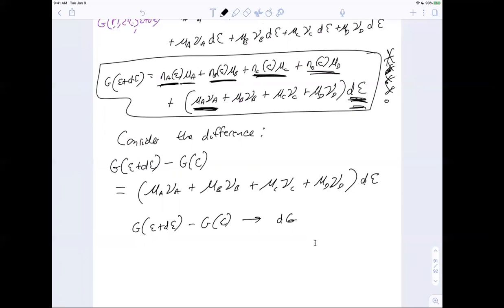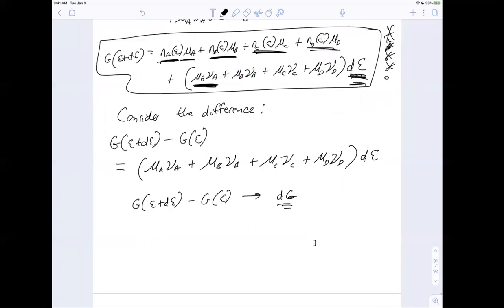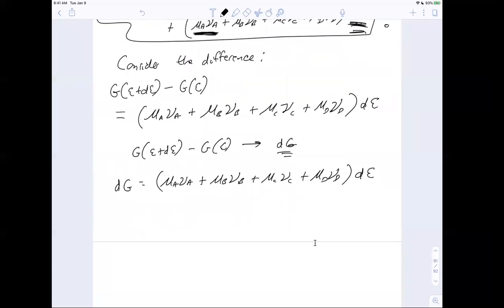So that change in G is really a differential change in G. So we have dG equal to the sum of the stoichiometric coefficient of each species times its chemical potential, mu A, mu B, mu C, mu D, times d epsilon. Okay, now is everyone clear how I got to this expression? The only thing we had to incorporate here was this idea of dG. But that I think is straightforward.